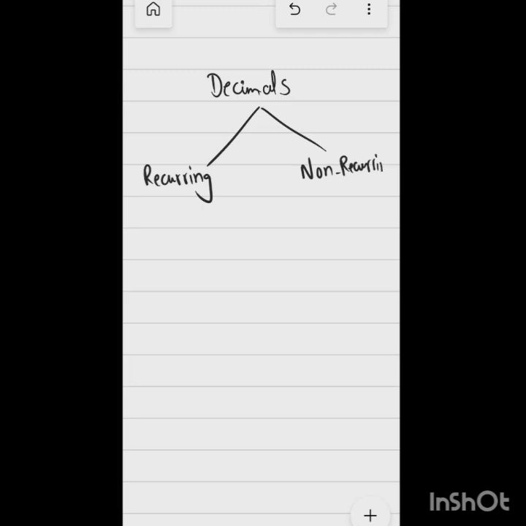The first division is terminating and non-terminating. Then non-terminating can further be divided into recurring and non-recurring.